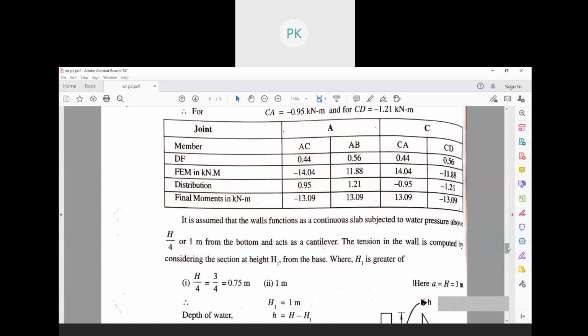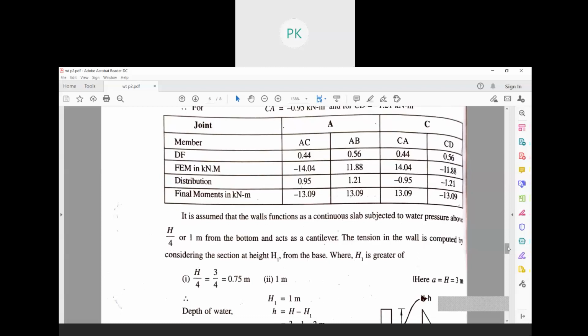So it is assumed that the wall functions as a continuous slab subjected to water pressure above 4 h by 4 or 1 meter from the bottom and acts as a cantilever. Then the tension in the wall is computed by considering the section at height h1 from the base, where h1 is greater of h by 4.